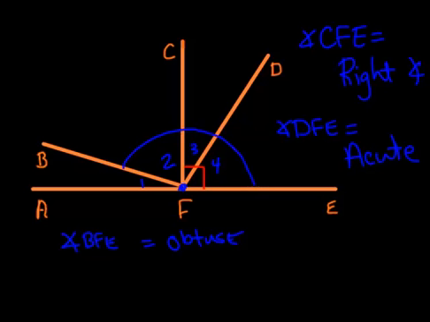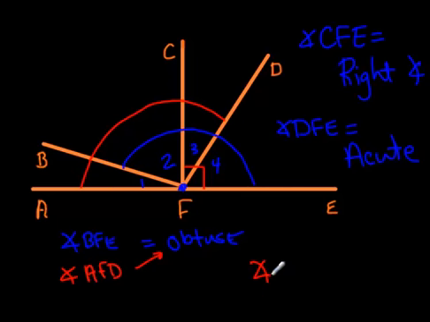If I wanted to look at this angle here from A all the way over to here, I have angle AFD. That is also an obtuse angle. And there is only one straight angle here, and that would be angle AFE. It is my straight angle. So being able to look, classify and identify the different angle types.